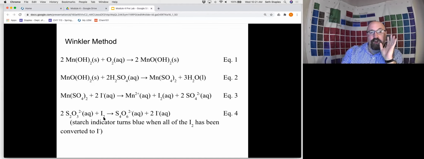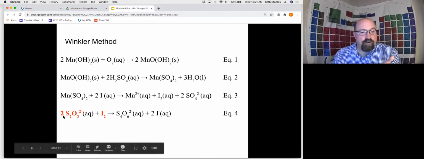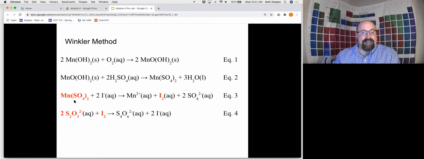And so if we know how many moles of S2O3 we added at that point, we can just use our stoichiometric ratio, our 2-to-1, to compare that to how much I2 had to have been present in our sample. We then relate that back using equation 3 to how much manganese sulfate had to have been present.